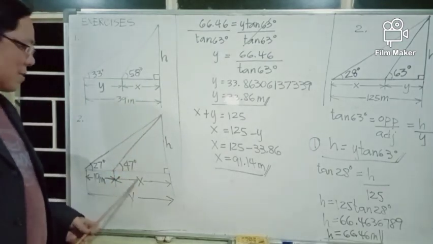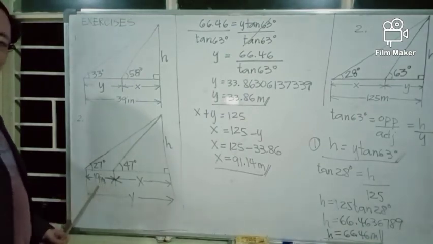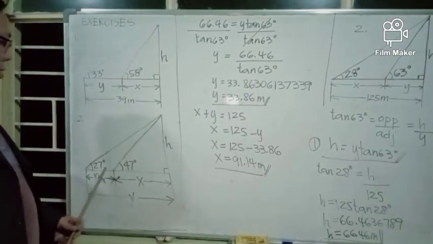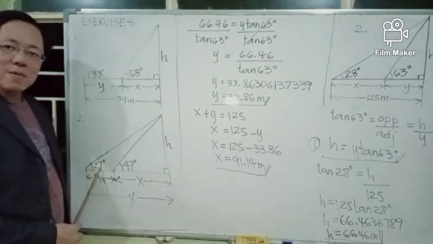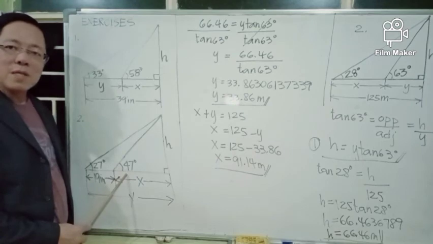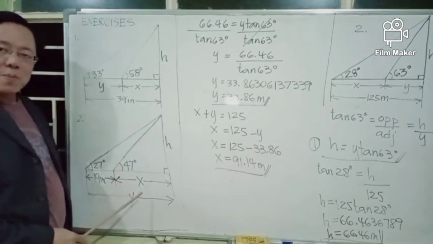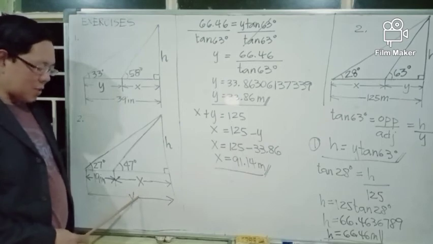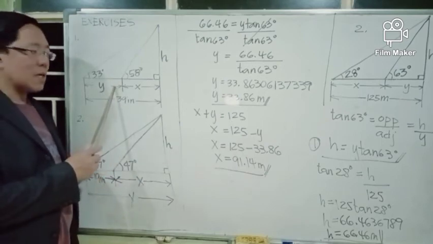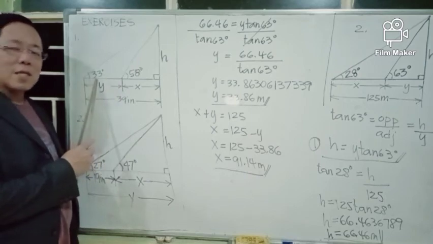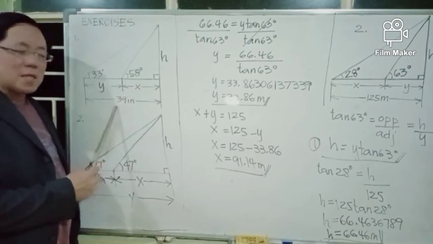In the second right triangle, this is 19 inches. The acute angles are 27 degrees and 47 degrees. The variables to be found are x, y, and h. In the first right triangle, the acute angles are 33 degrees and 58 degrees. This is 39 inches.